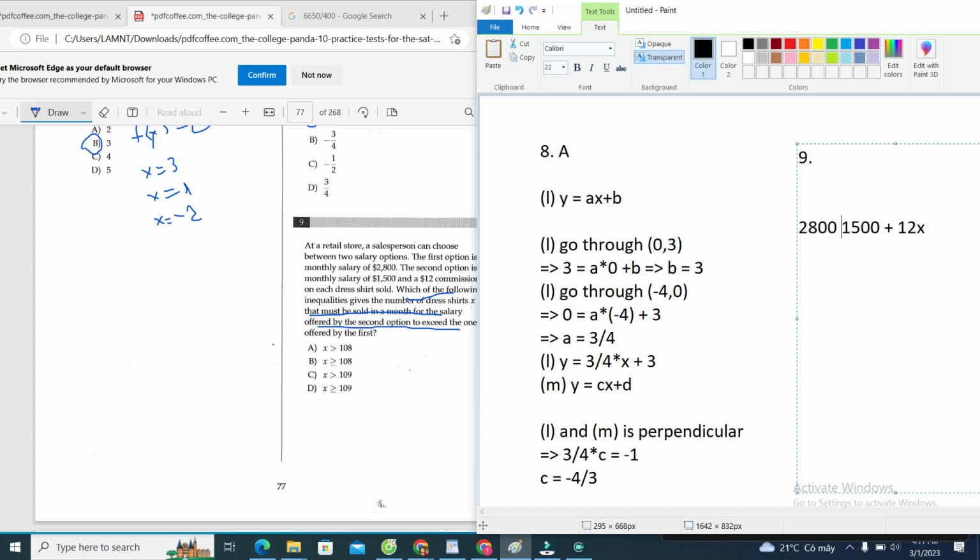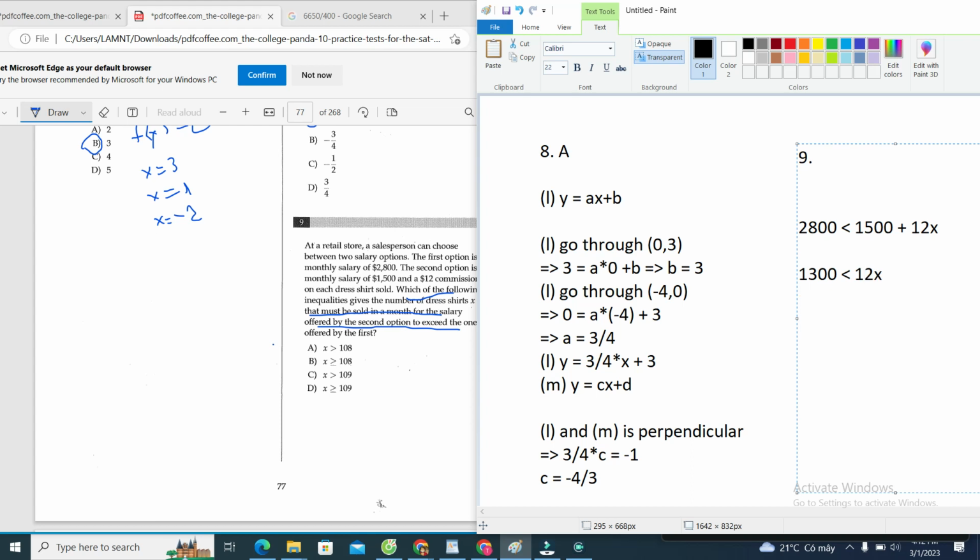So we want the second option to exceed the first option, so the first option has to be smaller. Generally we subtract 1,500 on both sides, giving 1,300, which has to be smaller than 12x.